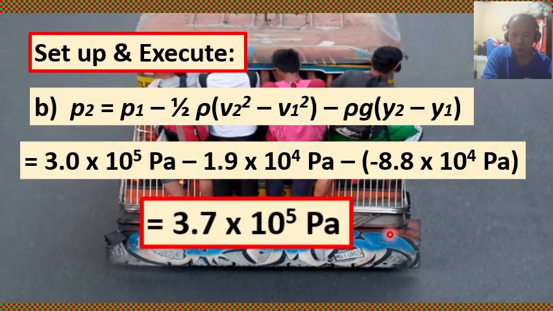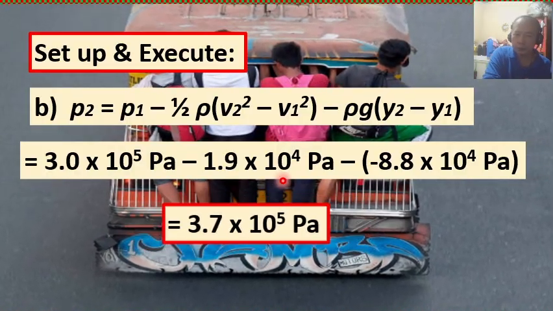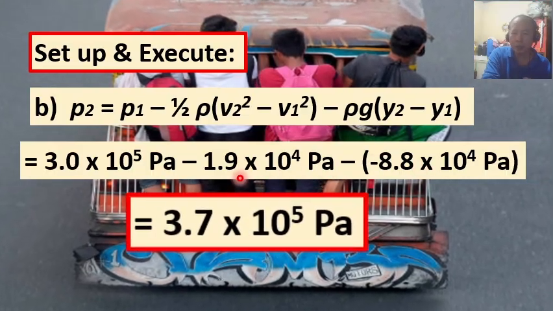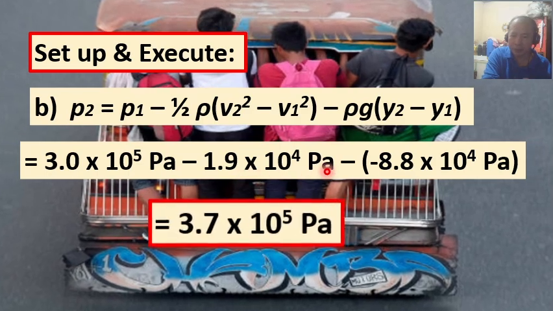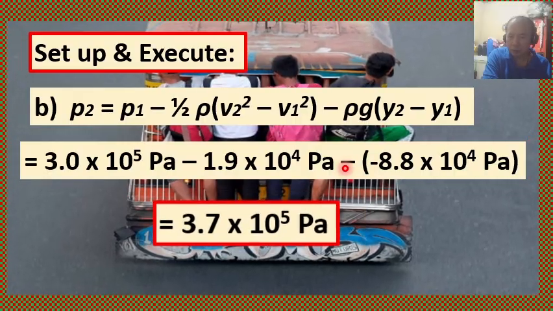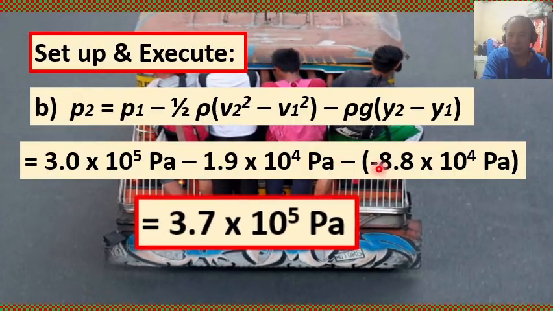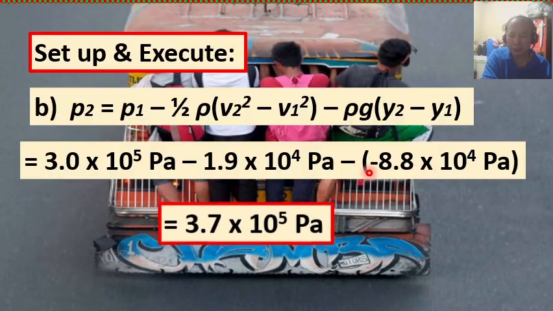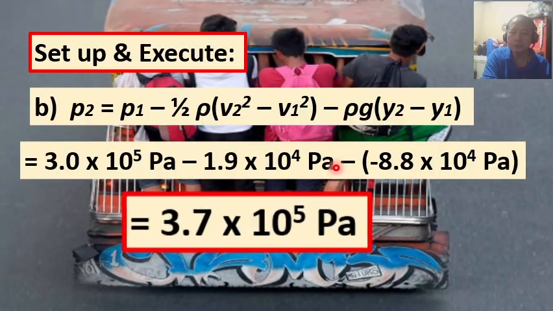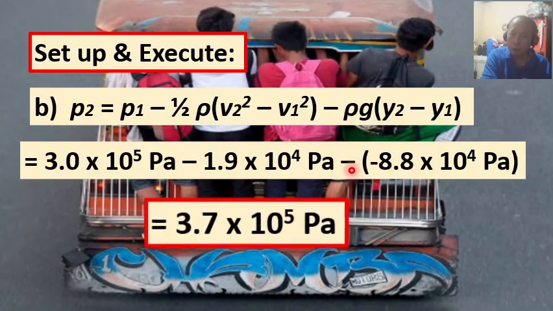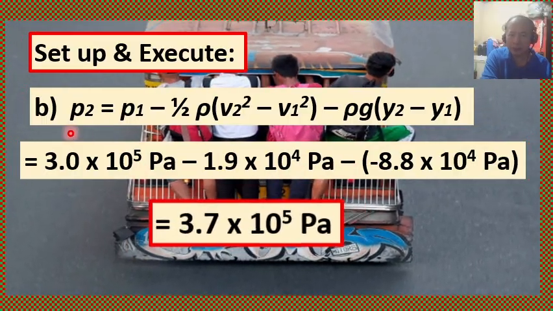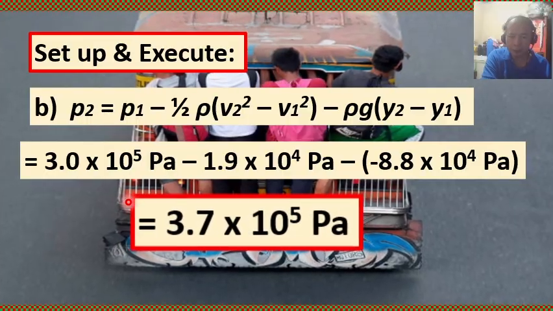So if you try to get the sum of these two pressures, 1.9 times 10 to the 4th power Pascal, plus, that becomes plus because of the double negative, 8.8 times 10 to the 4th power Pascal, their sum will also be equal to the difference between P2 and P1.